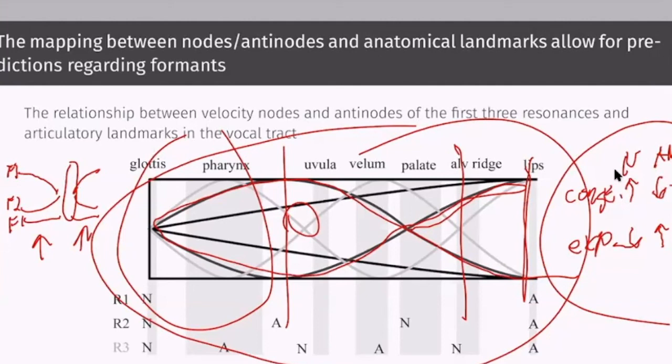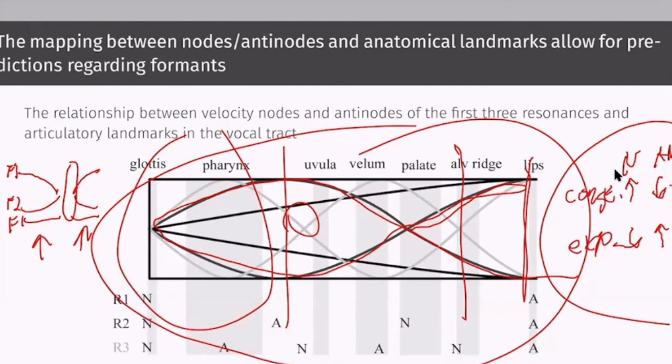I can't quite hear you, but could you speak up? Yeah, at the velum, right? In fact, this has a name. It's called velar pinch. I like to call it velar death pinch because it sounds sort of sci-fi, Trekkie, whatever.